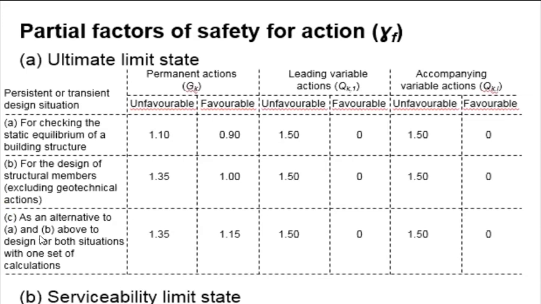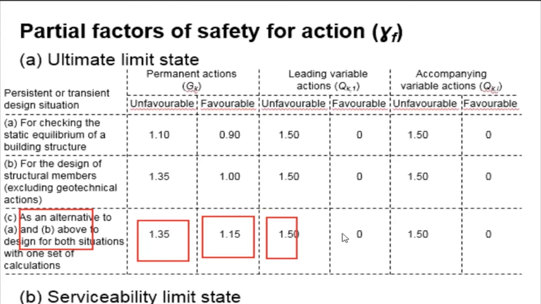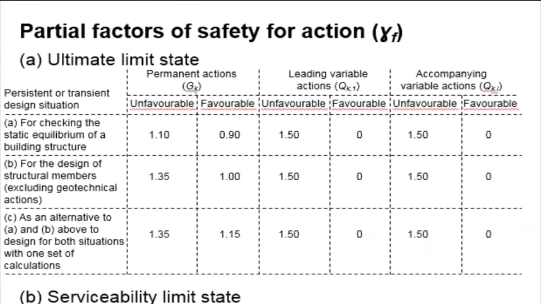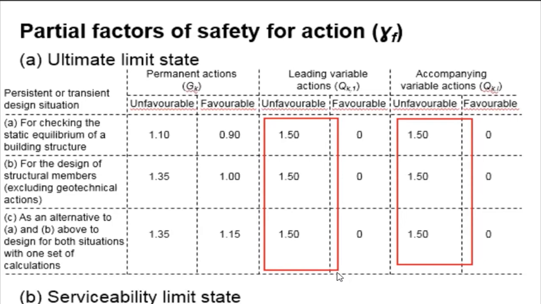And the third condition, as we say, is the alternative between A and B. So the factor is this here. And note that for the live load, either accompanied action or leading action, the value is the same.